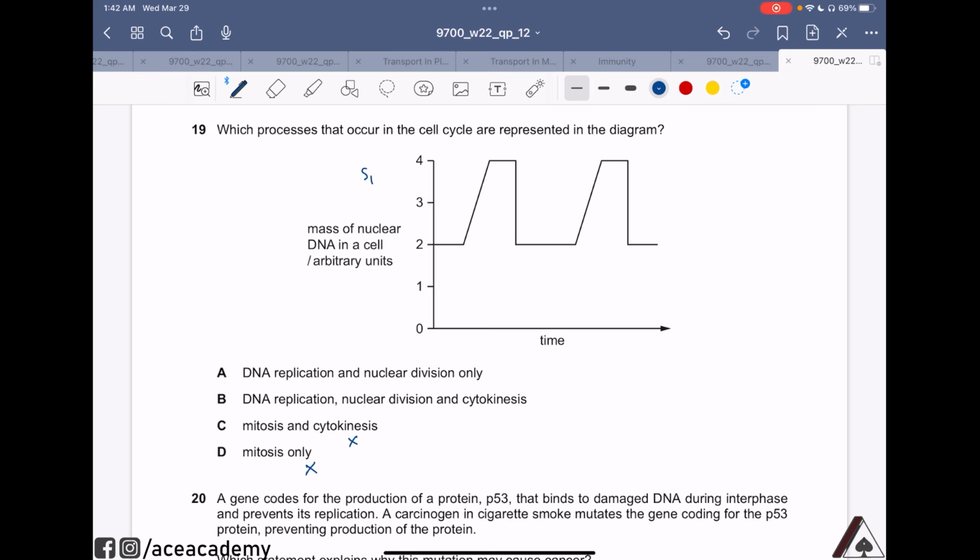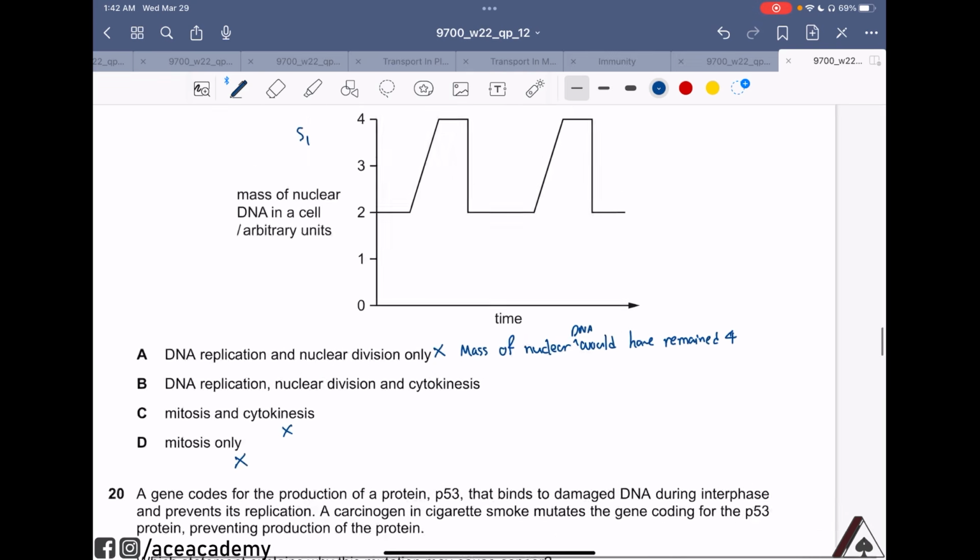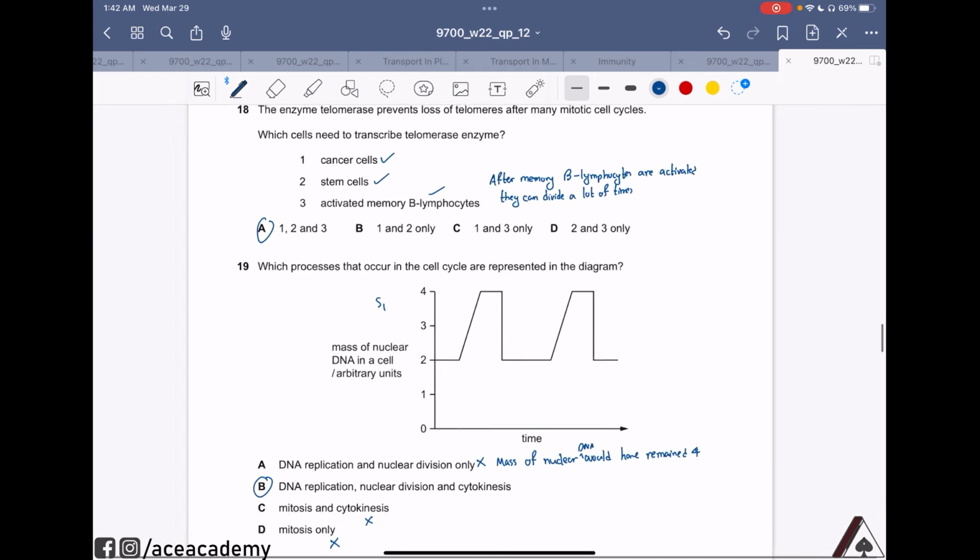Mitosis and cytokinesis, no. DNA replication and nuclear division only, no, because the mass of nuclear DNA would have stayed 4, but instead it goes back to 2, which means that cytokinesis must have occurred and production of 2 cells must have occurred. So B is the correct option.